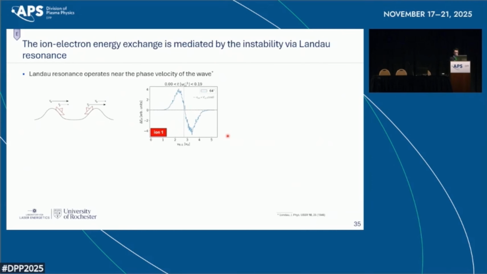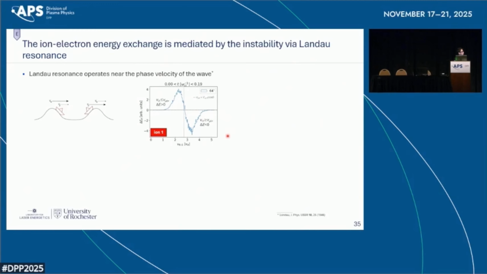So here I am showing you the energy gain as a function of particle velocity at 64-degree. Here I'm plotting ions. From here, you can see for those particles whose velocity is larger than the phase velocity of the wave, the energy gain is negative, meaning that they are giving their energy away to the wave.